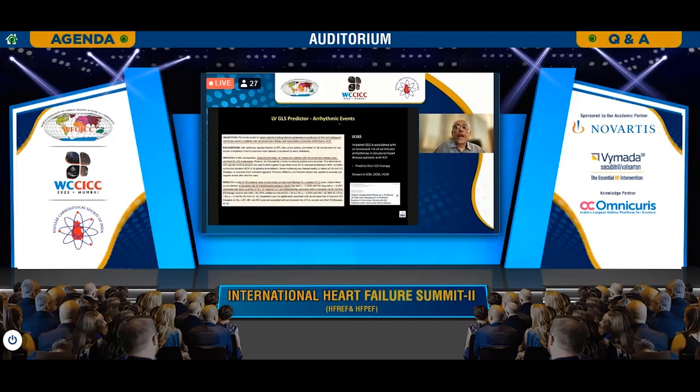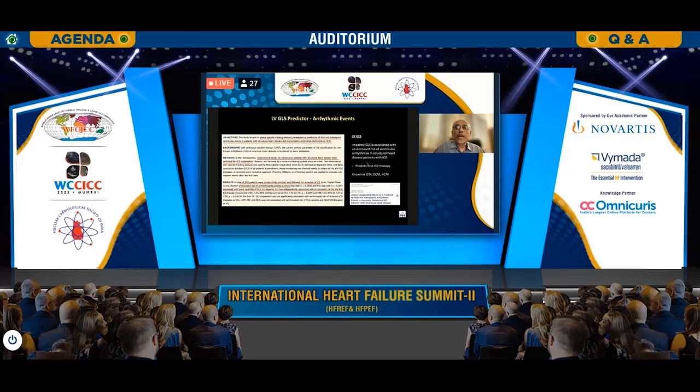Now, when it comes to arrhythmic events, again, we know that it is proven in terms of ischemic cardiomyopathy, dilated and hypertrophic cardiomyopathy. So this was in structural heart disease. This was an observational study looking at around 200 patients, and they put an ICD here, and they followed them up after 2+ years, and they found that this was quite reliable in predicting the first event after the ICD.